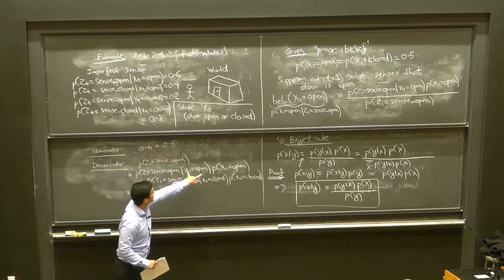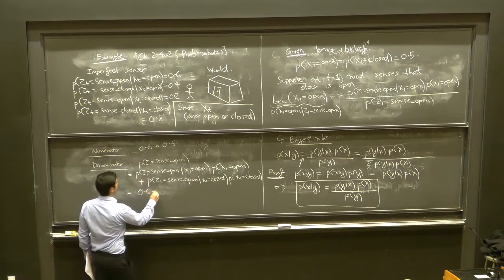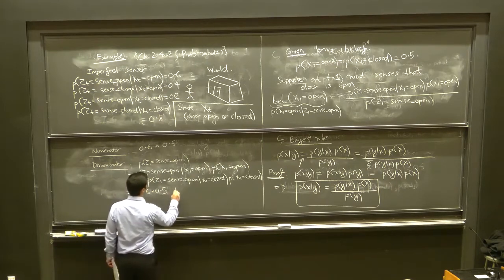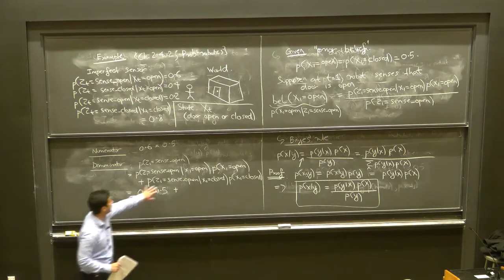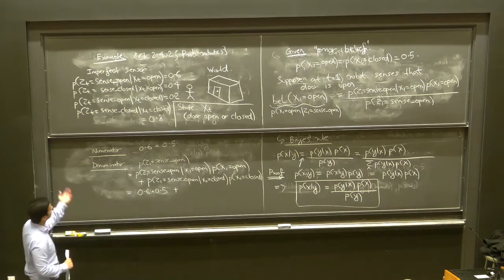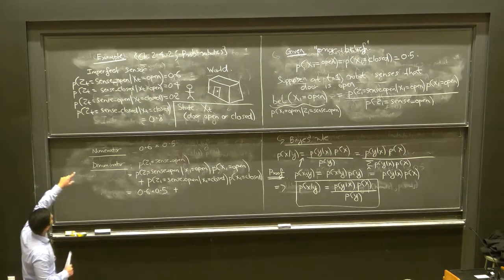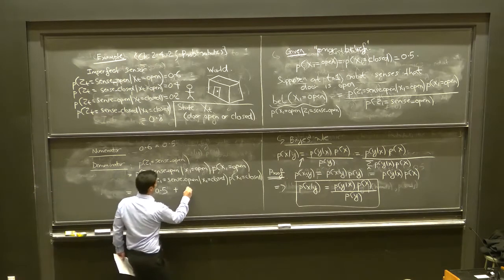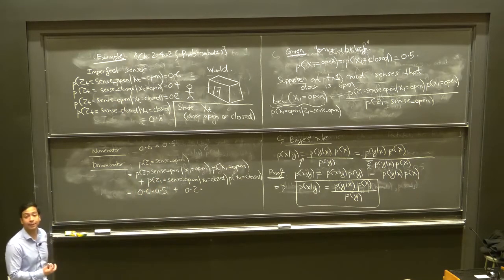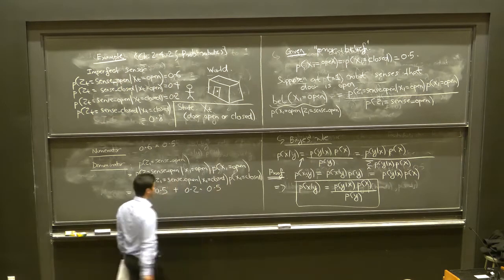The first term is exactly the numerator, so that's 0.6 multiplied by 0.5. And the second term we can get from the sensor model: the probability that we sense the door to be open, given that the door is closed, is 0.2, multiplied by the prior probability that the door was closed, which was again 0.5.